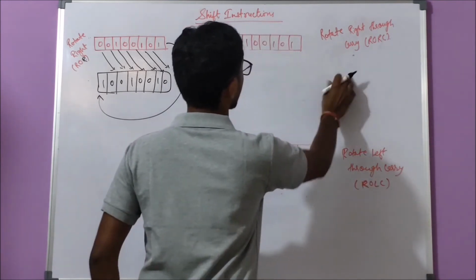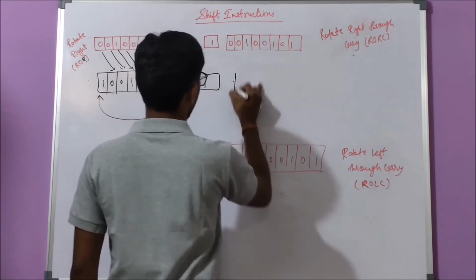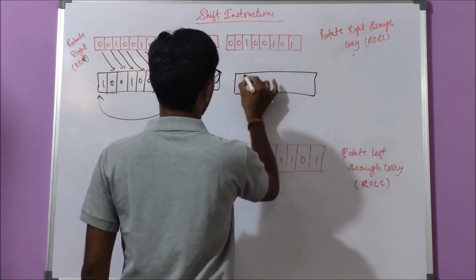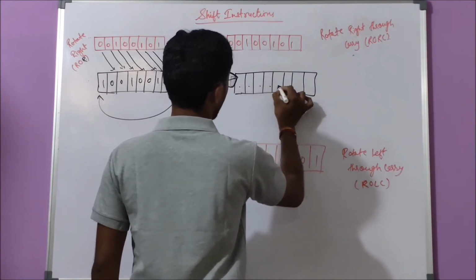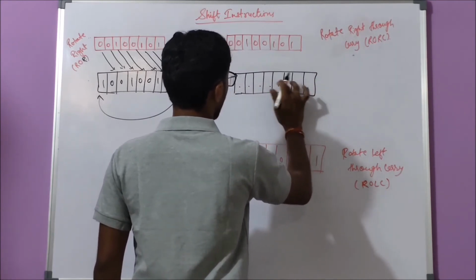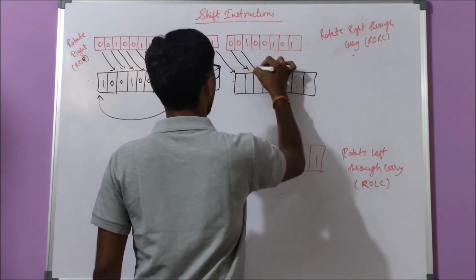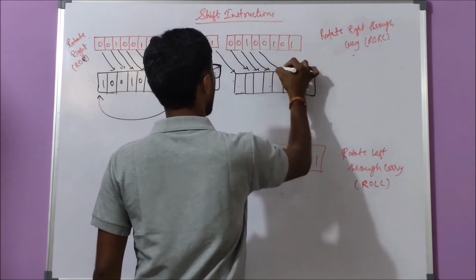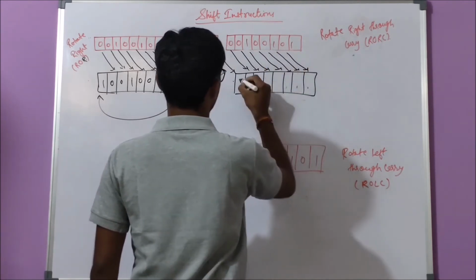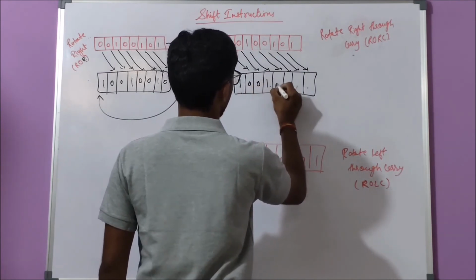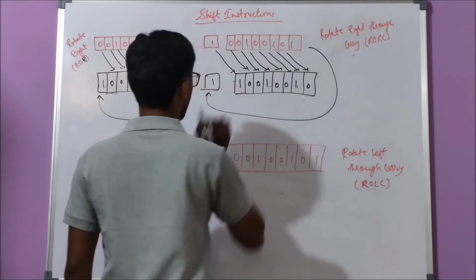Now rotate right through carry. So let's have one carry, and then 1 2 3 4 5 6 7 8, rotate. You might have guessed what to do. 1 0 0 1 0 0 1 0, and this will come here.